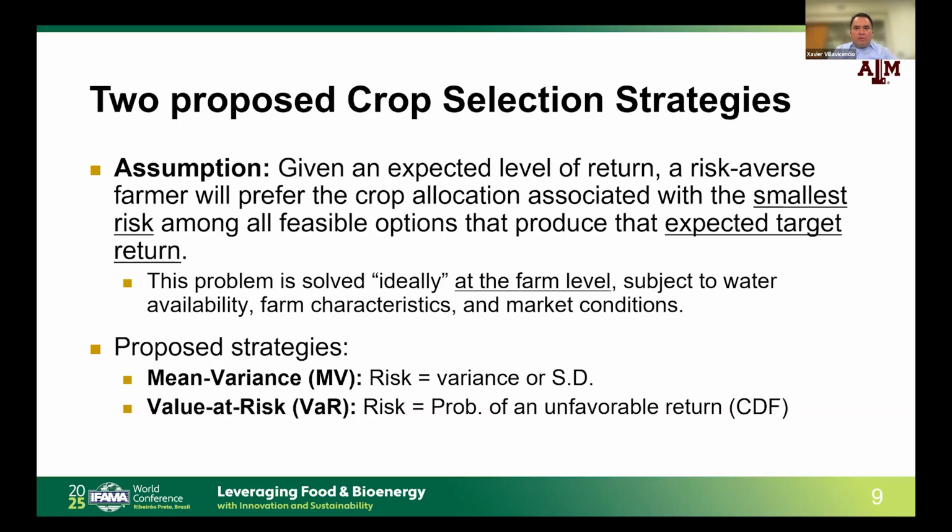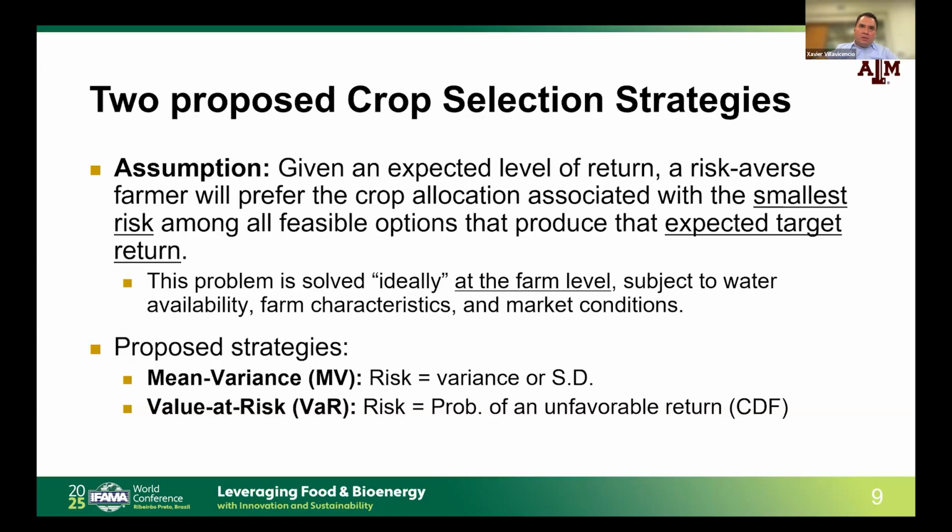The other proposed strategy here is our main contribution, because the mean variance approach has been used in other works in the past. We are going to introduce risk as another definition. We are going to take this concept from finance, the value at risk. What is the value at risk?